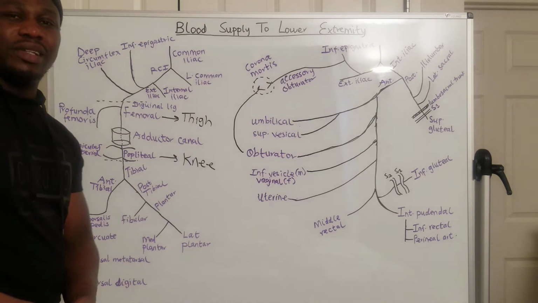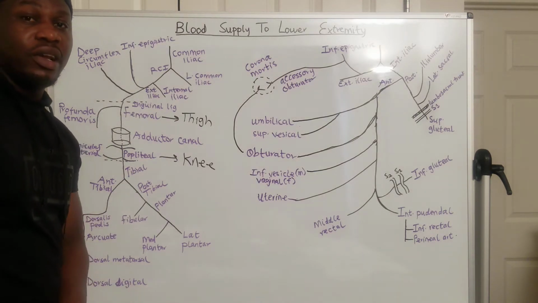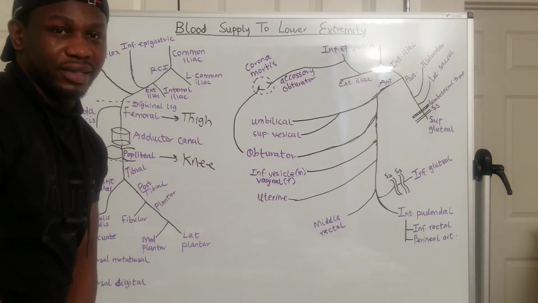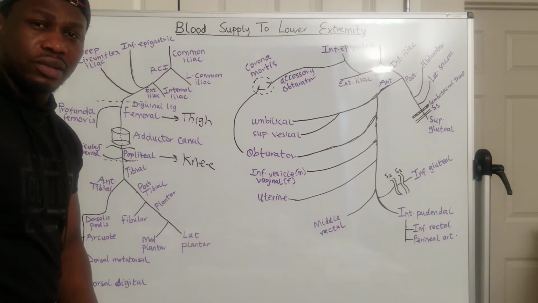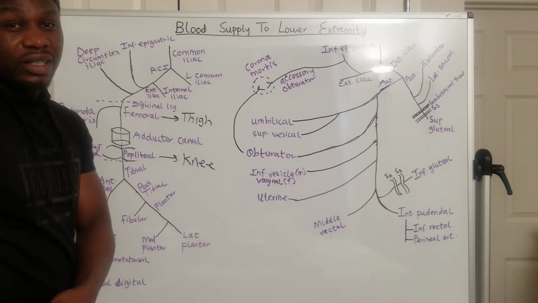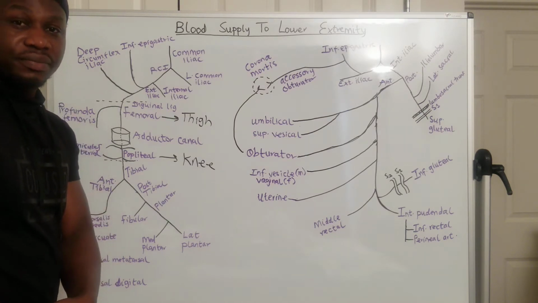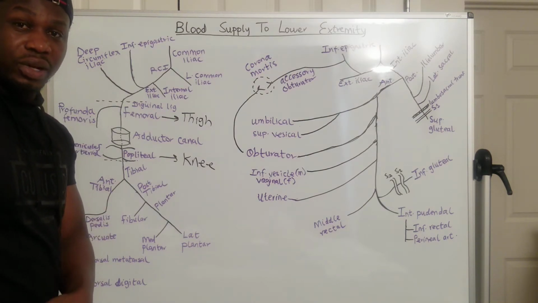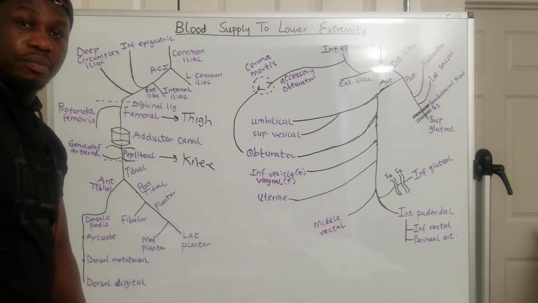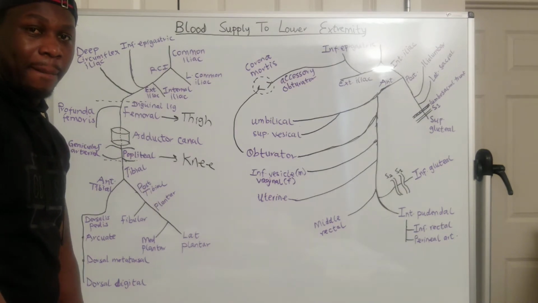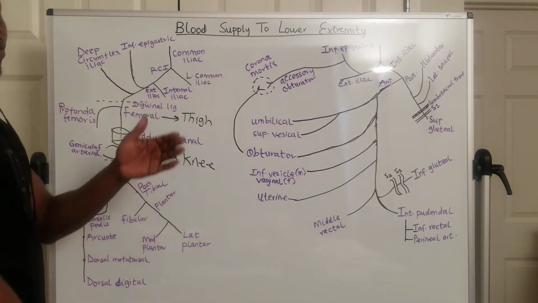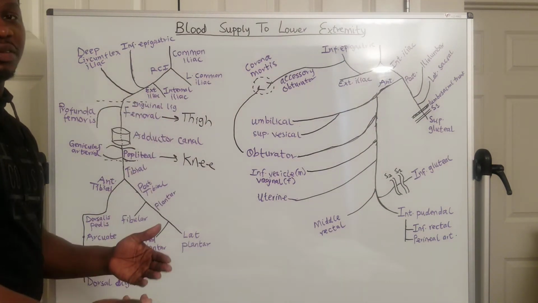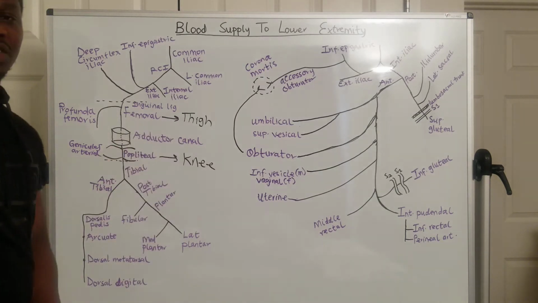When the external iliac artery crosses the inguinal ligament, it becomes the femoral artery. Where is the inguinal ligament again? It originates from the anterior superior iliac spine to the pubic tubercle. So when the external iliac crosses, it becomes the femoral artery, which means we are in the thigh region.